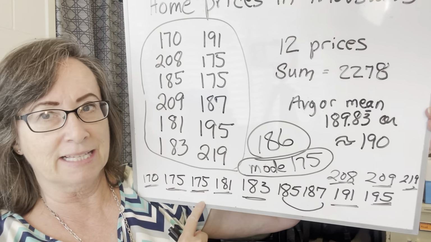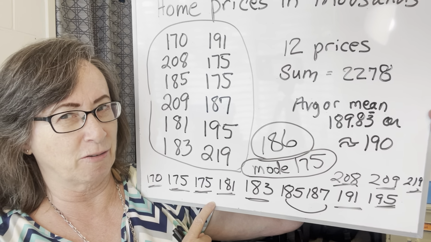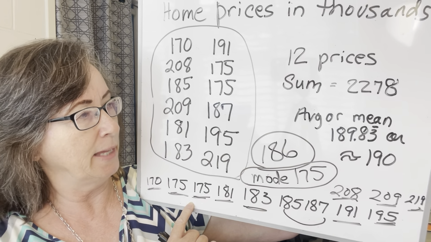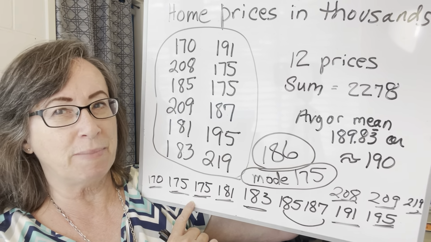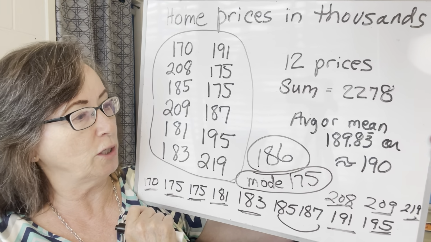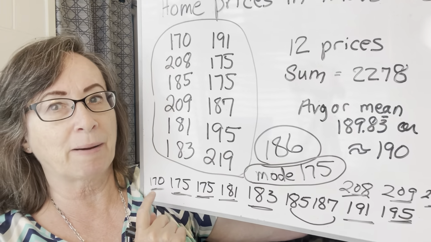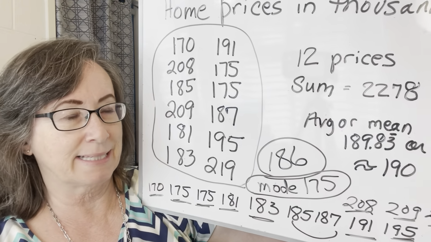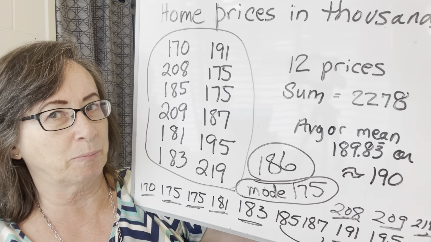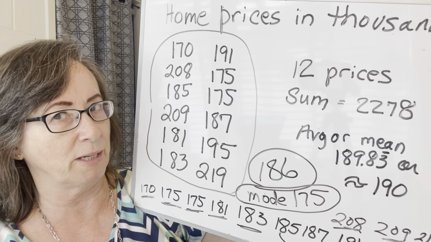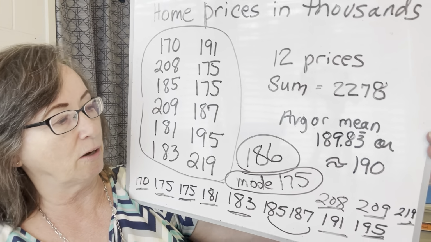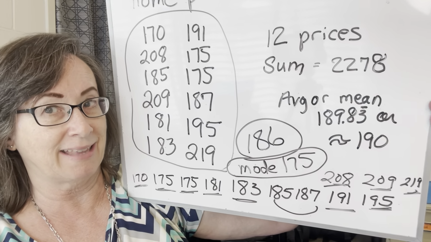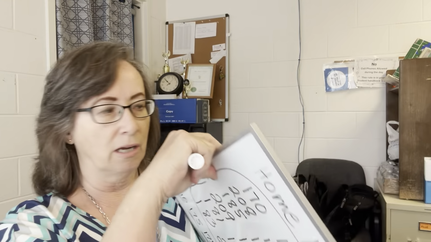Just because this one is the one that was there twice doesn't mean it really is representative of all my data. Okay, now the mean in this case could be greatly influenced by a very low or a very high price. Usually when we're talking about something like prices, the mean is not going to be the best indication. I would go with the median, okay, because that truly is, when you line up all the points, that is truly the center of that data.